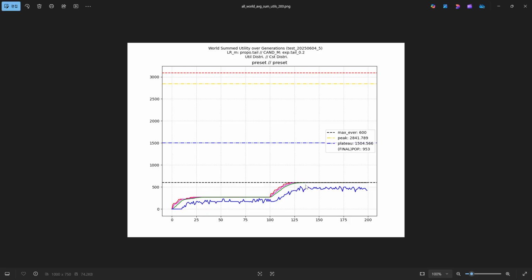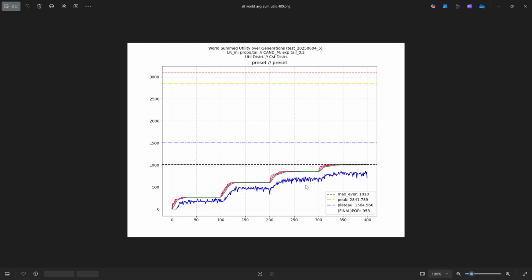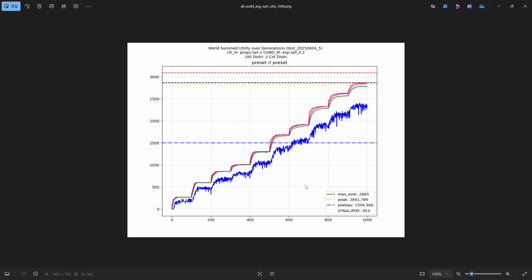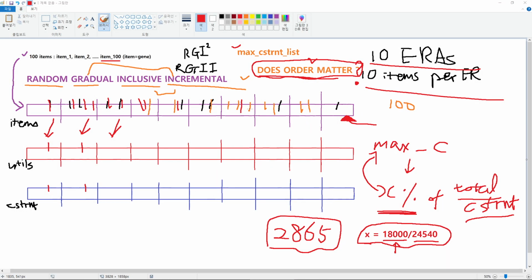But the only true ceiling we may know more for sure is for the last era, and in the last era we have 2865. So yes, the entities have converged, and we're still doing random, gradual, inclusive, incremental. It's just that the maximum constraint list was slightly altered.